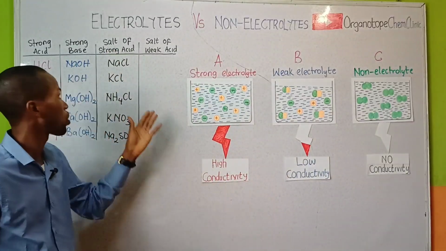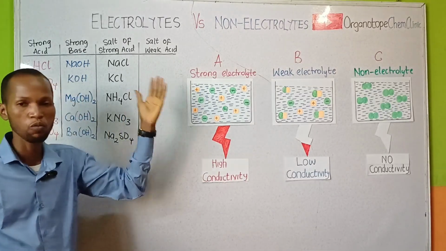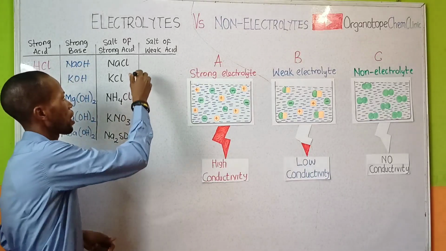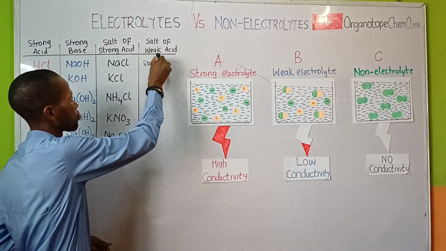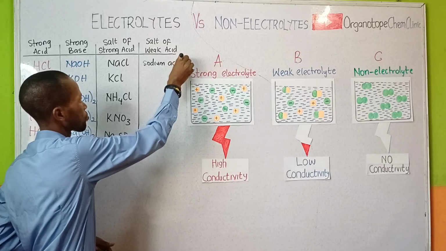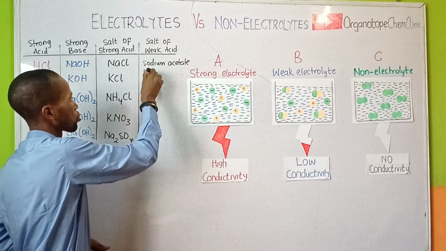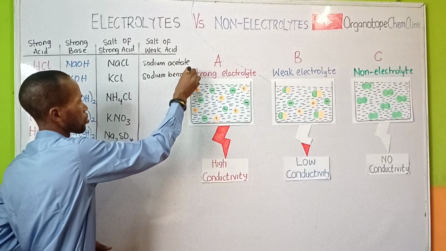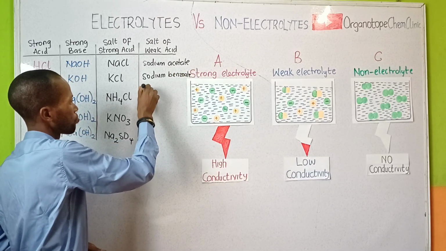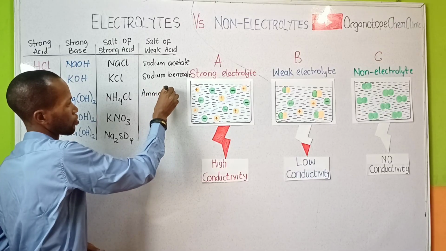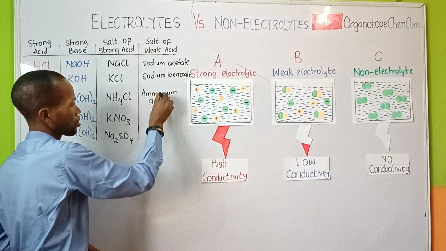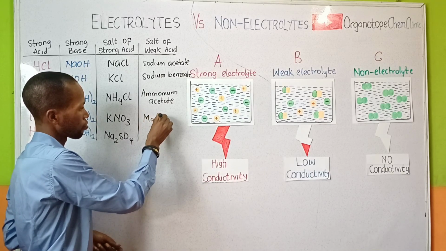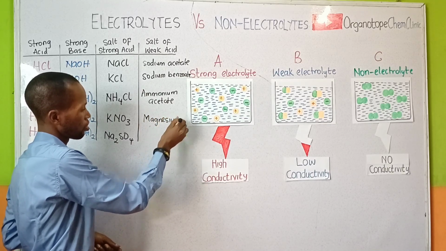Now, can we take the last column, which is the salts of weak acid? Examples of salts of weak acid include sodium acetate, sodium benzoate, ammonium acetate, as well as magnesium citrate.